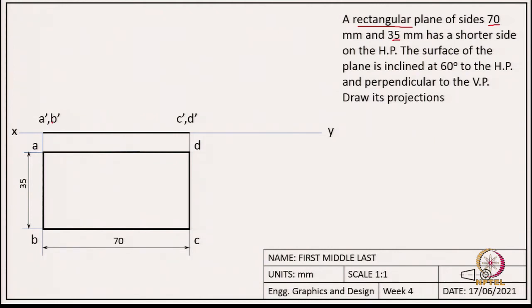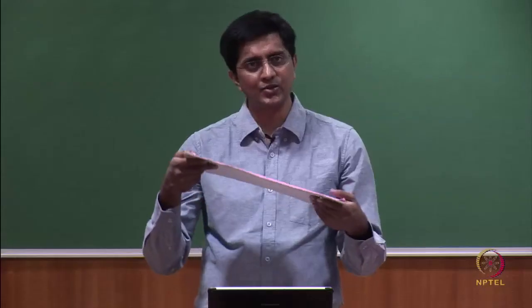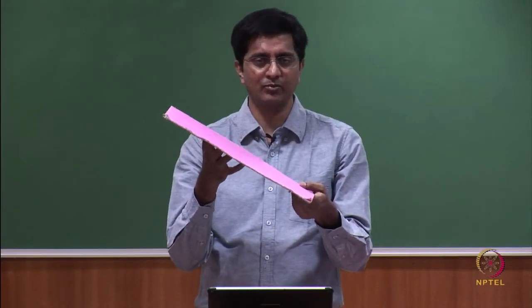So, A prime B prime. Similarly, here I notice a mistake, it should be D prime C prime. So, you can make that correction. Okay. So, once we have these two views, we can use these two views to draw the actual question which is for the inclined plane.